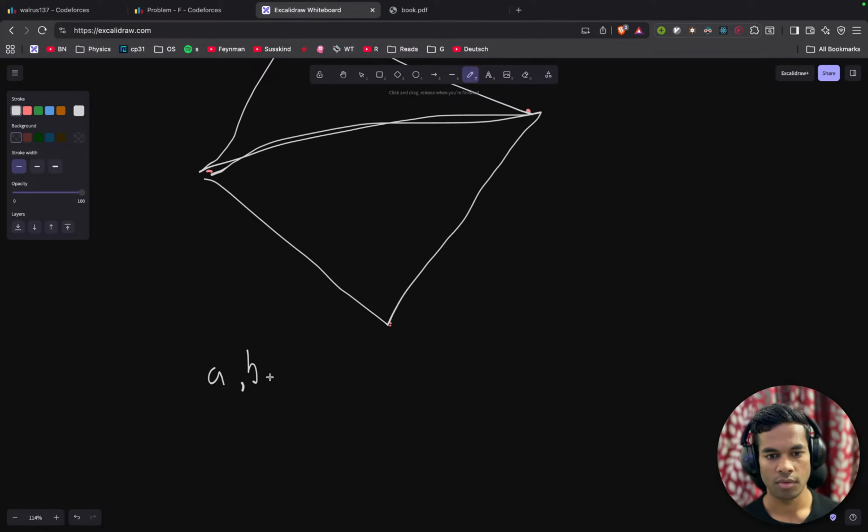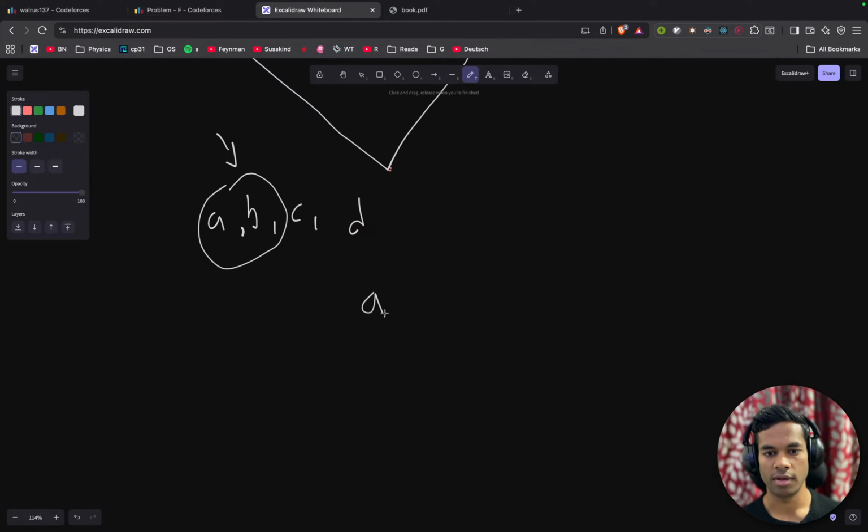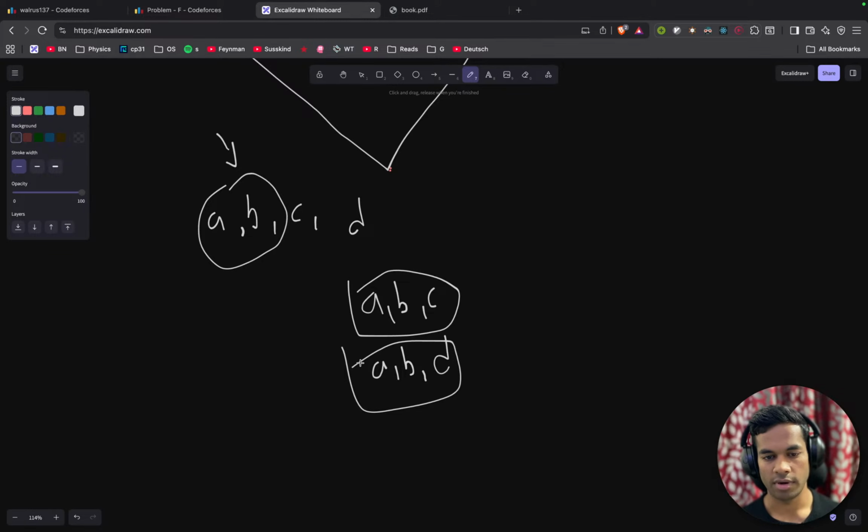If we have 4 points A, B, C and D, we can just choose these two to be part of both the triangles, and for the first triangle we can have A, B and C, and the second triangle would be A, B and D. And if we have points of a triangle, we can find out its area. How do we find out area of a triangle if we have points?